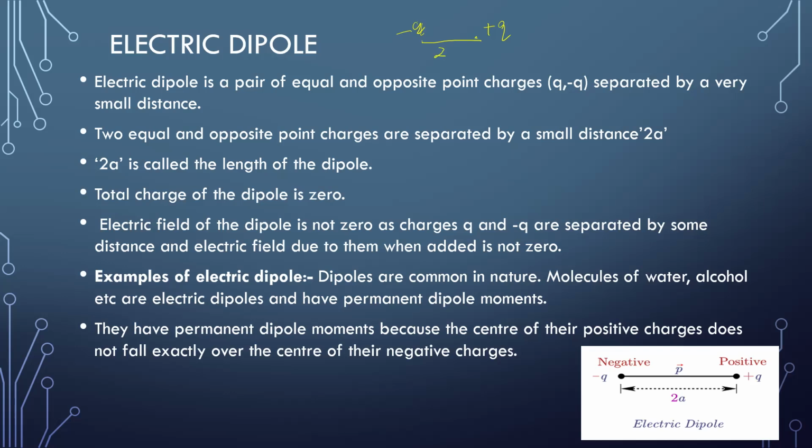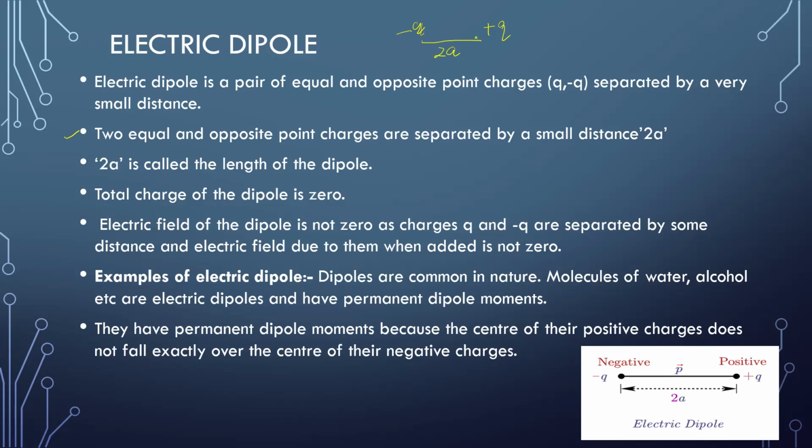They are separated by a small distance, denoted by 2a. Two equal and opposite point charges separated by a small distance 2a form an electric dipole.